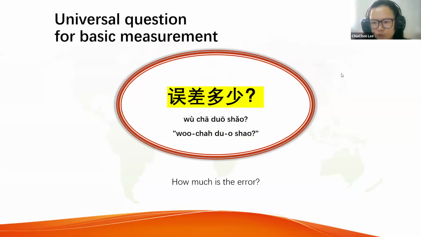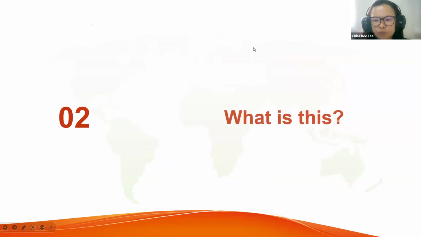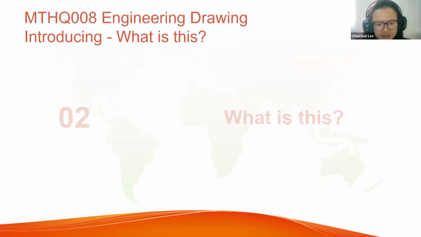We have to refer back to our supervisor, like our senior engineer, our section leader, so that they can issue out the TQ and then clarify what's the issue in between this, 误差多少, how much is the error. And then here pop the question. So we want to ask, what is this all about? Sometimes when we read, we don't understand. Then we want to ask this question.